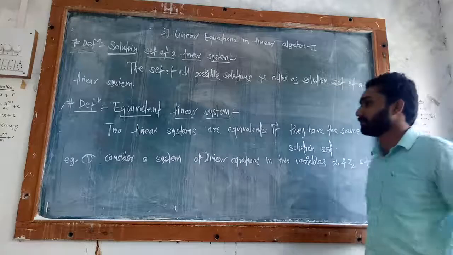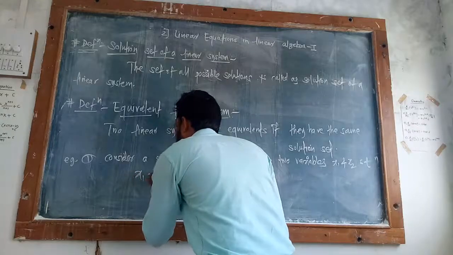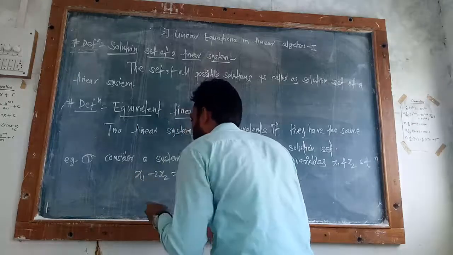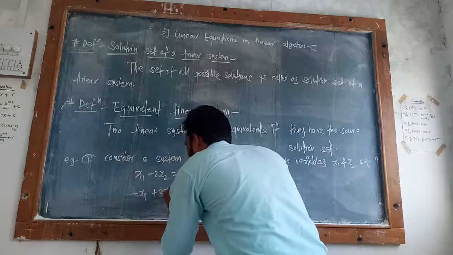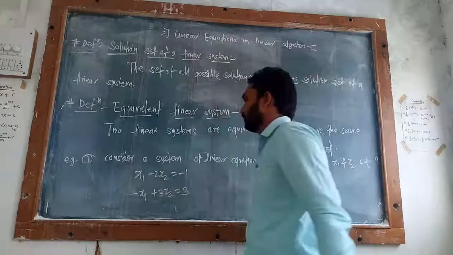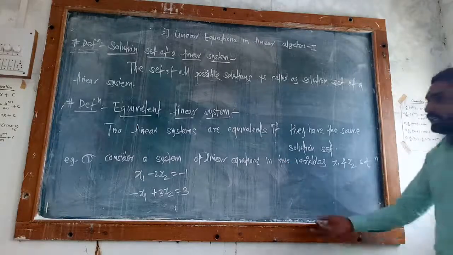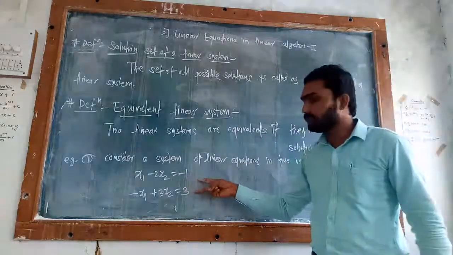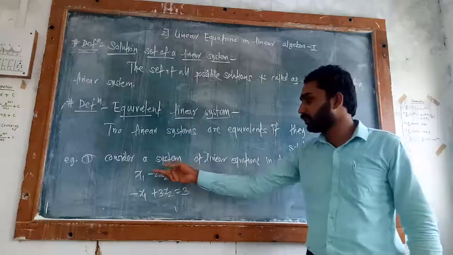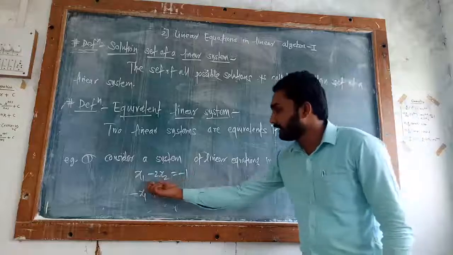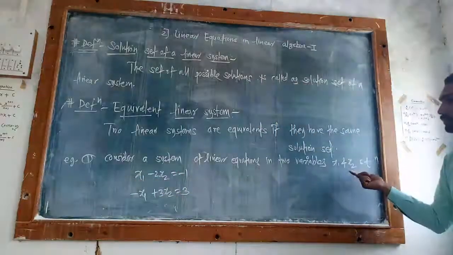The first linear equation is x1 minus 2x2 equals minus 1, and the second is minus x1 plus 3x2 equals 3. In this system there are two linear equations. Linear means the degree of each equation is 1, in two variables x1 and x2.